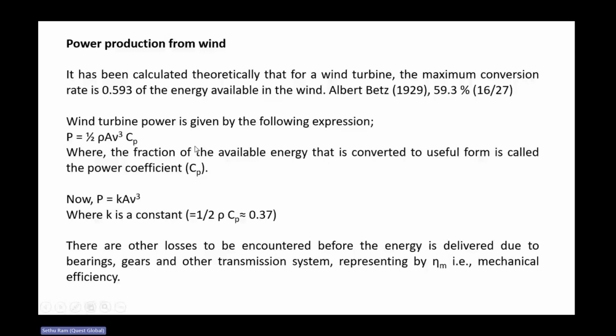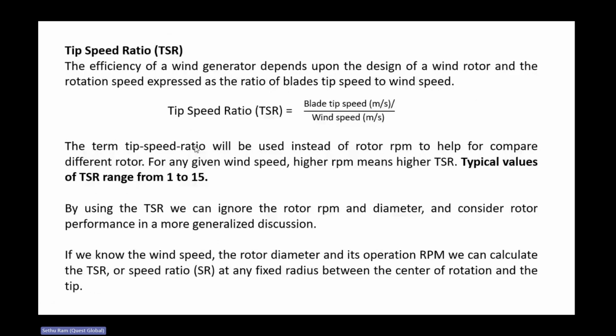And at the same time, we require another parameter like tip speed ratio. So tip speed ratio is the ratio of blade tip speed to the wind speed. This tip speed ratio is required because we have to compare two different wind turbines. To compare that, we require this ratio, the tip speed ratio.